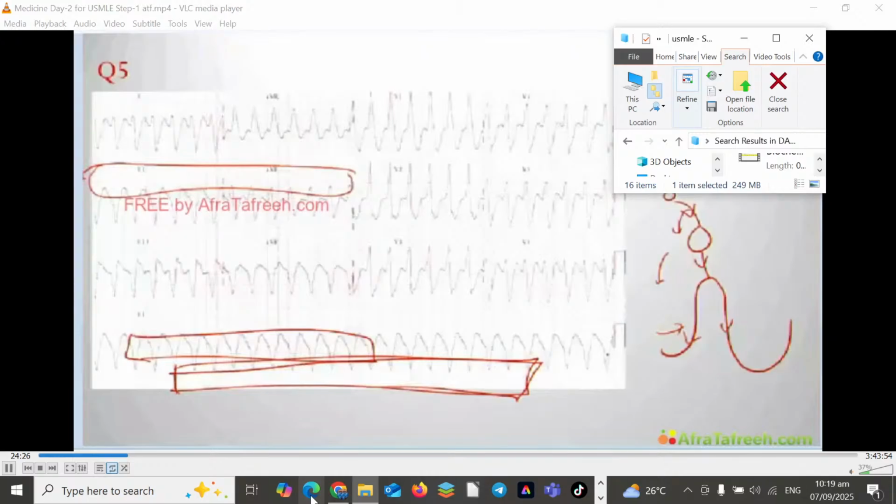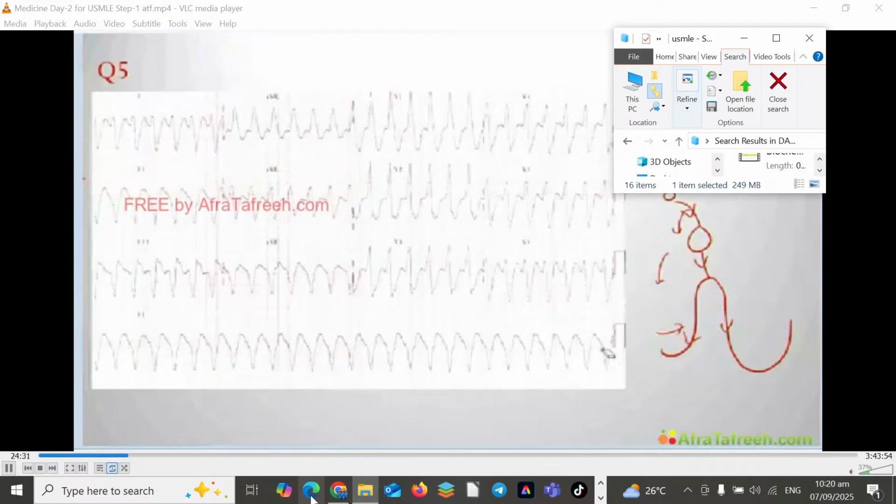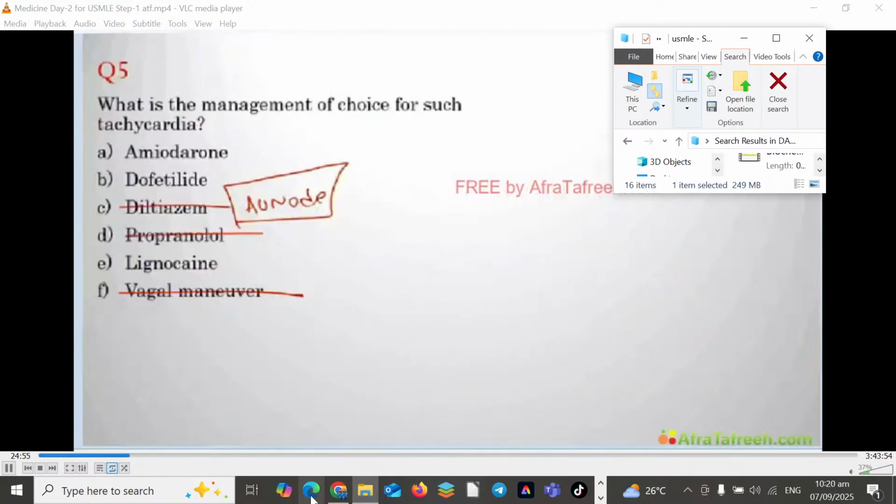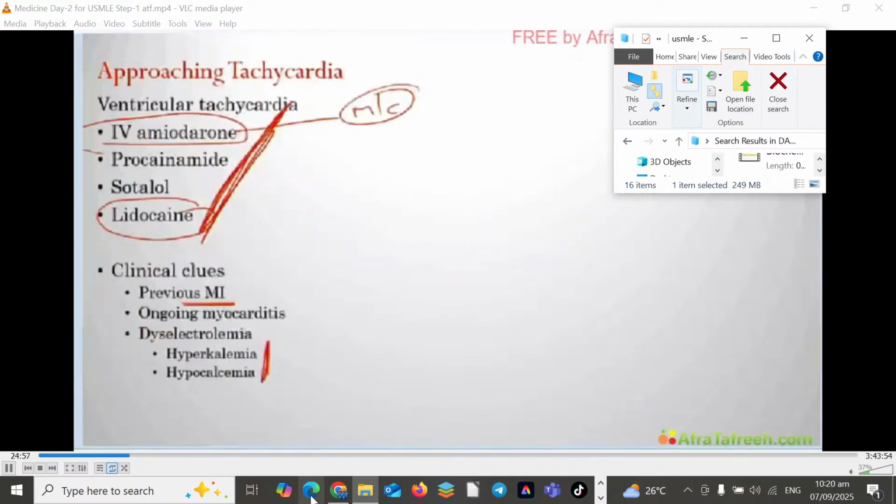This is the tachycardia which was present. It is a wide complex tachycardia with an extreme axis. When it has an extreme axis, we are pretty sure it is a ventricular tachycardia. Supraventricular can occasionally be, we'll get to that point. Hold your horses. The treatment of choice was amiodarone.